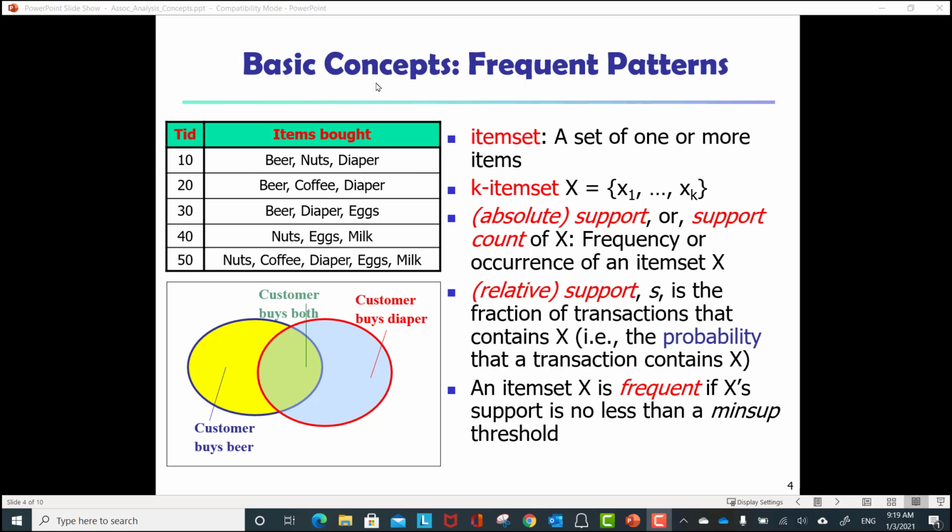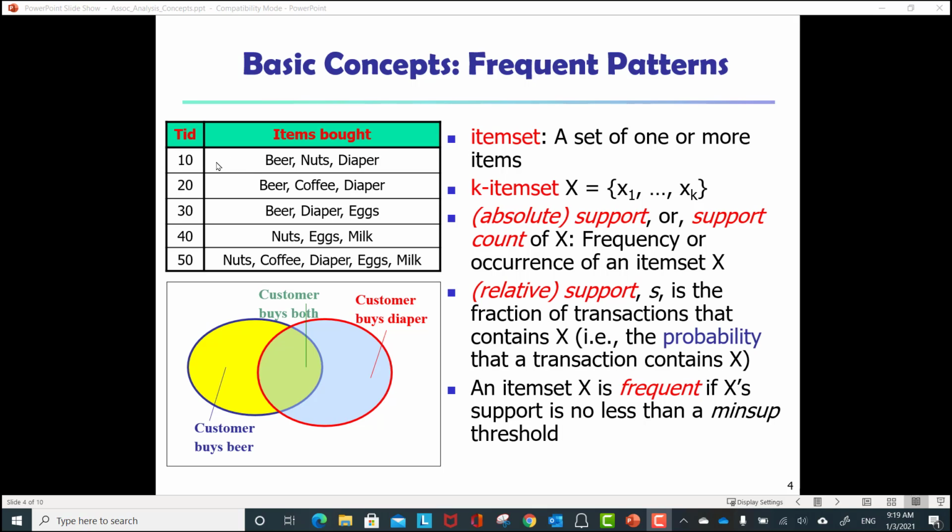But again, basic concepts are not that difficult to understand. But anyhow, we need to understand the basic terms to discuss this algorithm. Okay. All right. So let's take a look. Here we have 5 transactions. Transaction ID 10, 20, 30, 40, 50. So you can think of each transaction as, when you go to a grocery store, you may have a receipt.